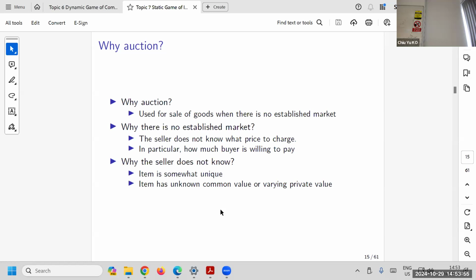Probably now we have something similar in Hong Kong as well later, right? Why do you have auction? If you remember, you go to Japan, right? There's a famous place where they auction the fish. Why? The Tsukiji market fish auction.